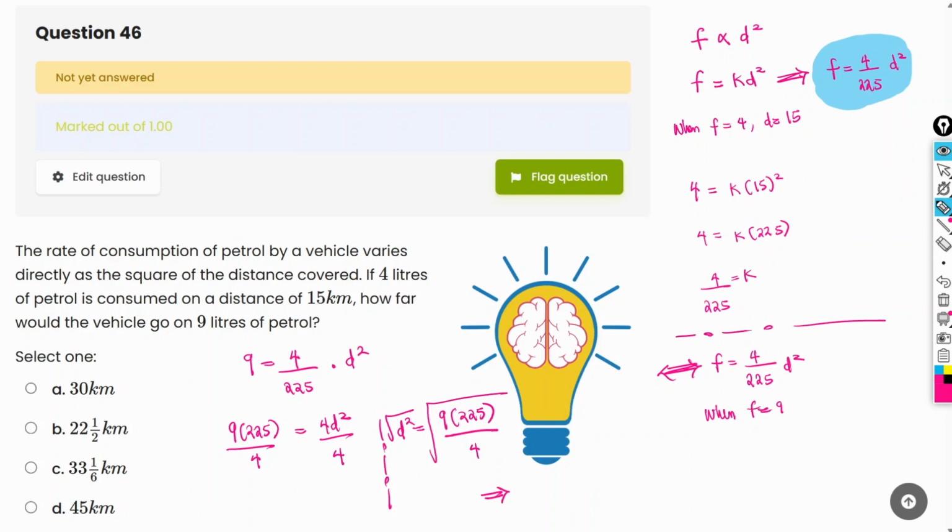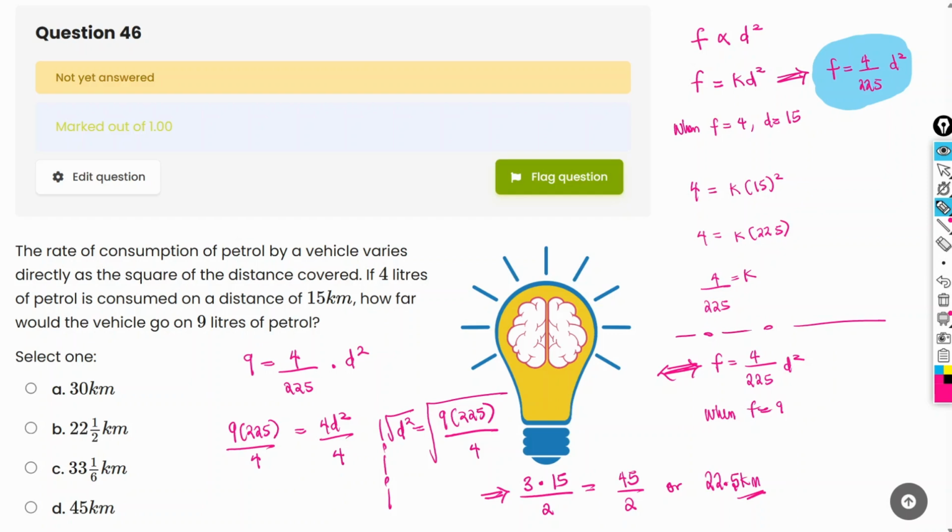If you have a calculator, you can do that. I don't have one I'm working with right now, so that's why I'm not using a calculator. So this will be 3 times 15 over the square root of 4, which is 2. That's 45 over 2, or you can write it as 22.5.